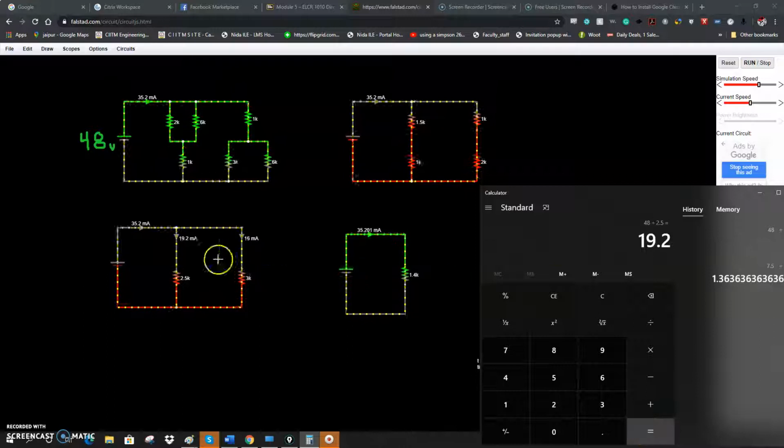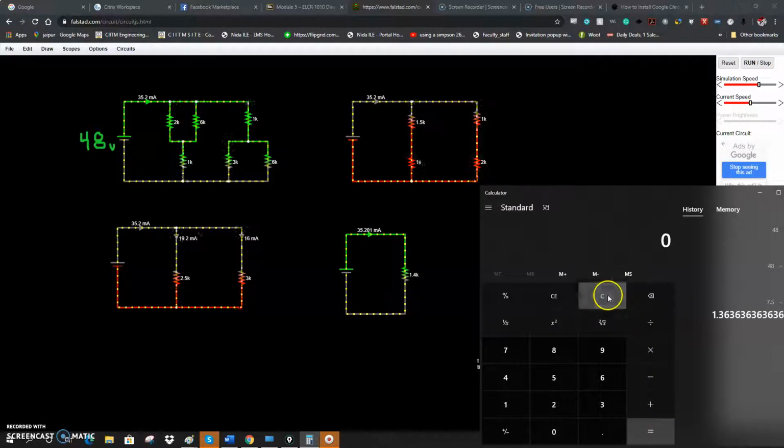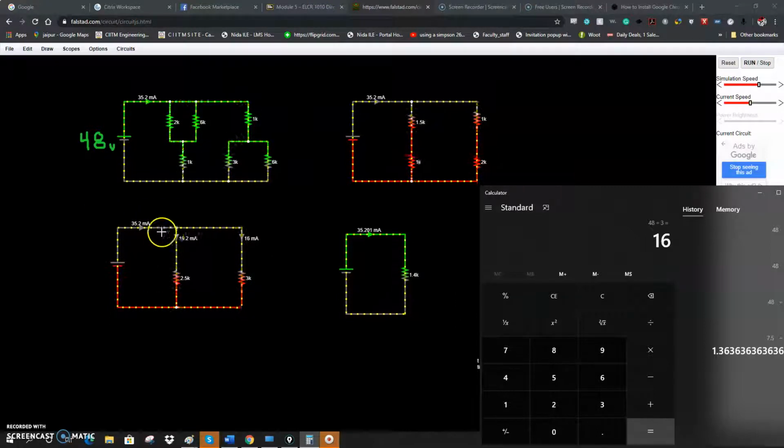We know our answers will be in millis, 19.2 milliamps. There it is. We can take 48 and divide it by 3K. Whoops, I obviously multiplied. 48 divided by 3 equals 16 milliamps. We can add those two together and we get total current. So we know 19.2 milliamps is going through this branch and 16 milliamps is going through this branch.